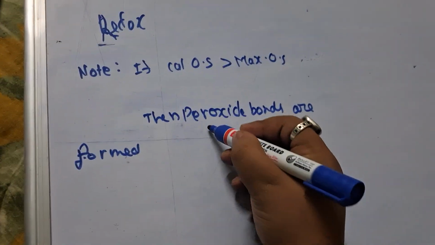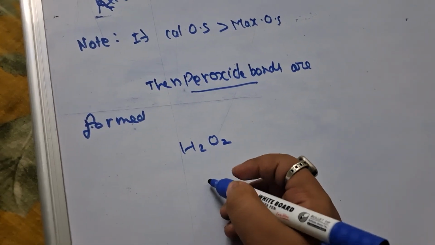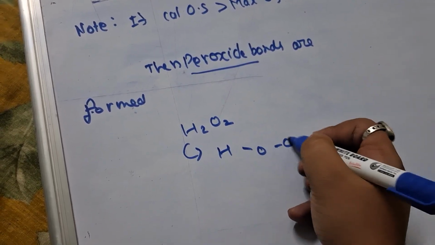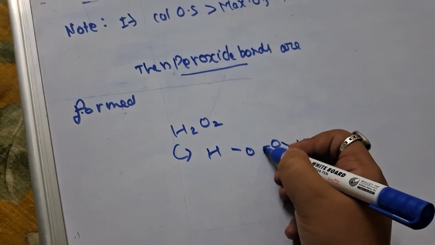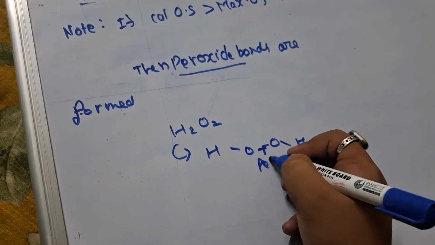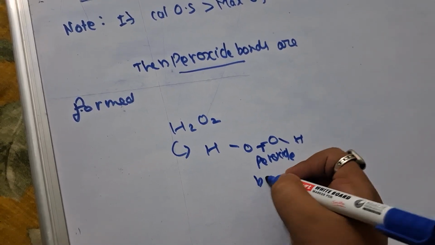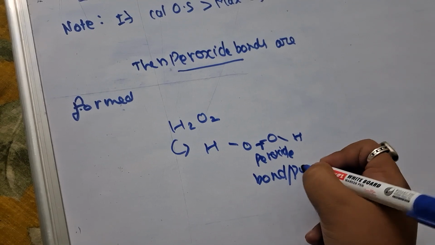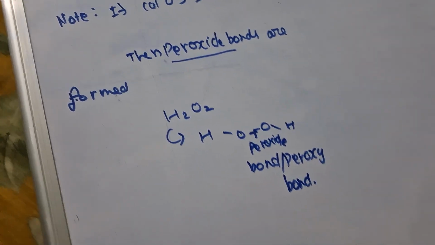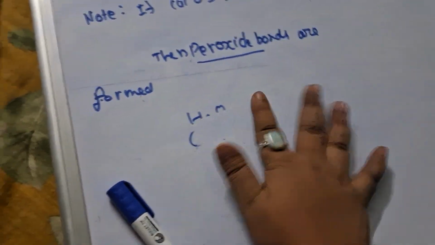What are peroxide bonds? So we saw in H2O2, this is hydrogen peroxide. This can be made like this. Now this bond between oxygen and oxygen is called a peroxide bond, or a peroxy bond. Okay, so that's where the word comes from.